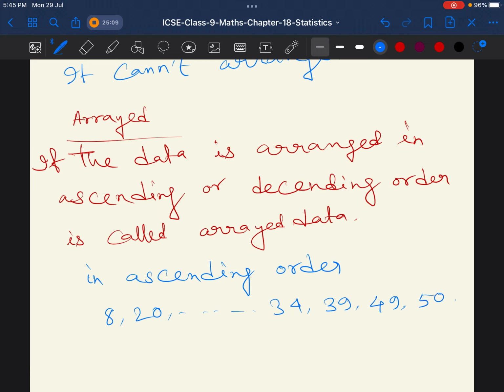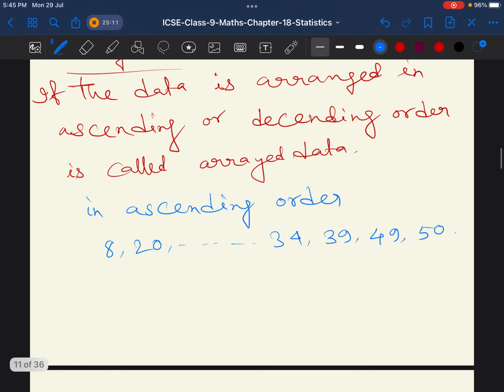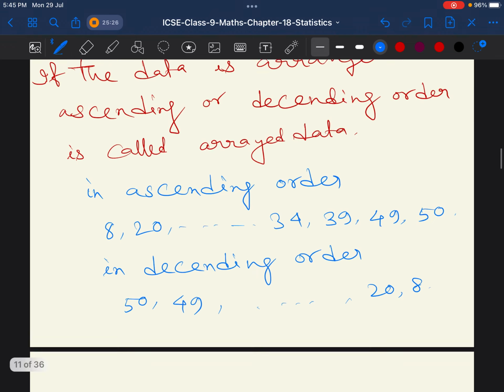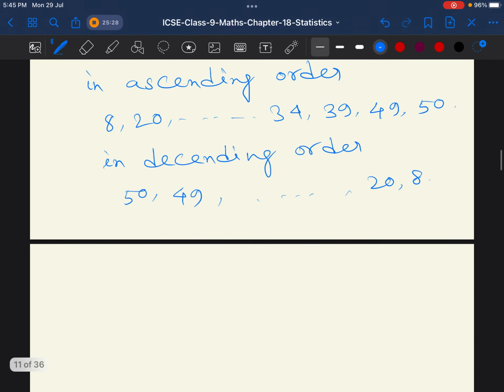So this is the ascending order, and in descending order it will be 50, 49, 39. So this is descending order.